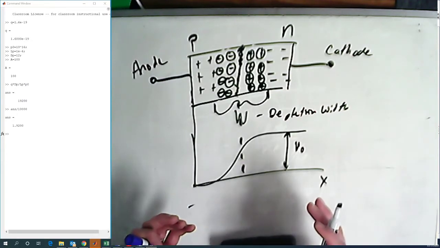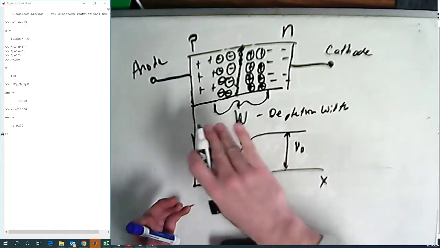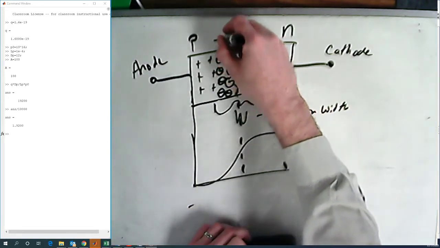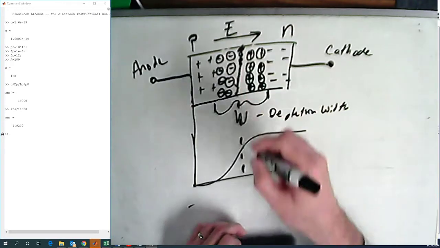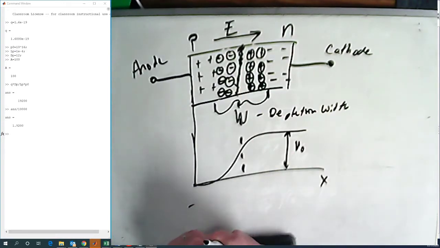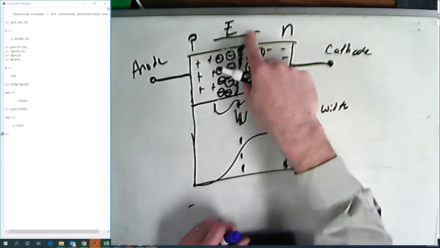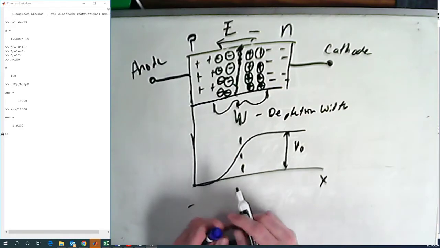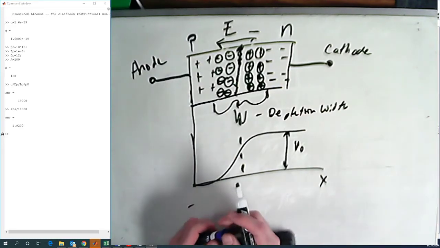We end up with charge bound, and we have a difference in voltage from one side to the other. It looks like we end up with an E field. And they actually draw it the opposite way, so I got it wrong. We end up with an E field from here to here that's just naturally built in there.